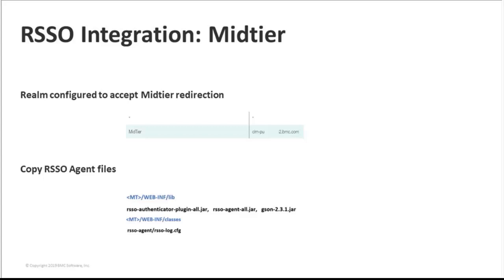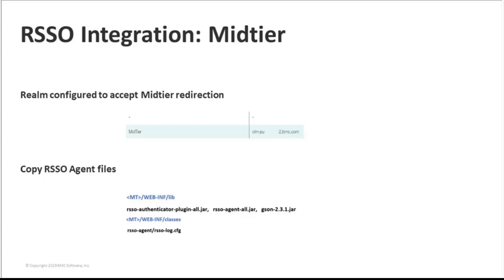Application domain is nothing but the names of the servers of the WebAgent applications like Midtier or Smart IT, My IT, Service Broker. Likewise, you can create multiple realms if you have to, but usually the work is done using the wildcard asterisk sign.